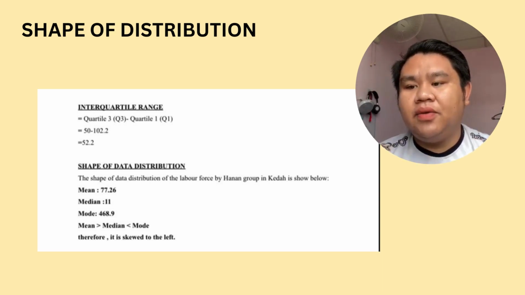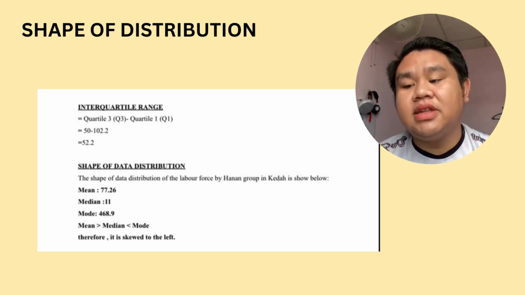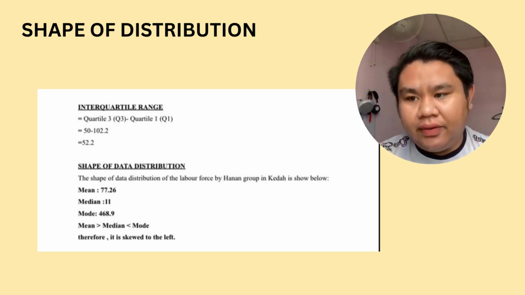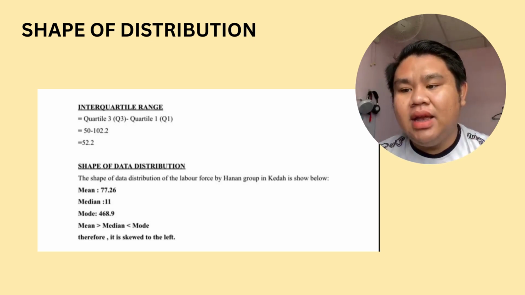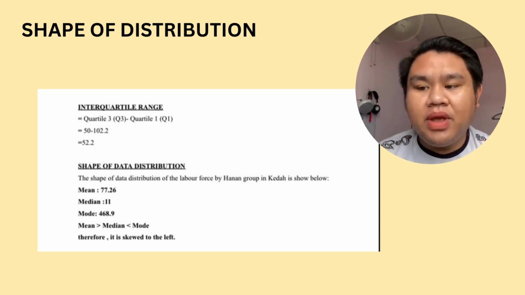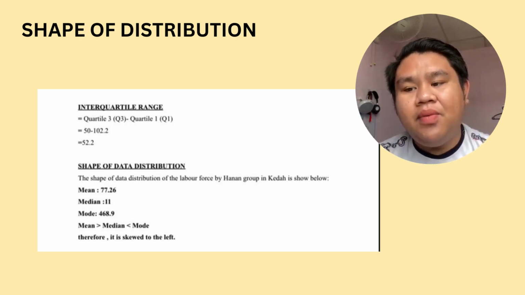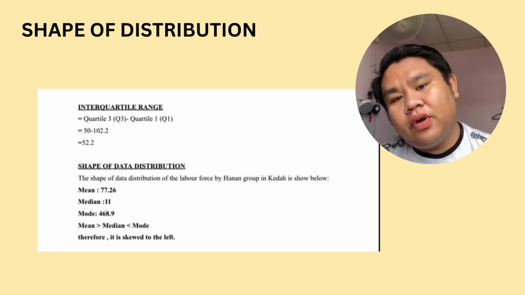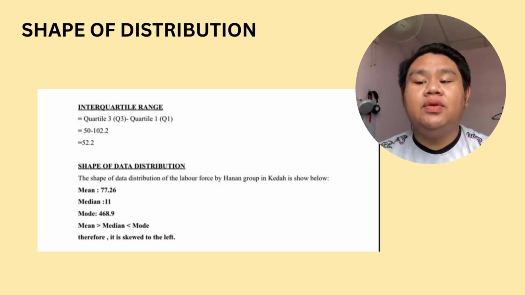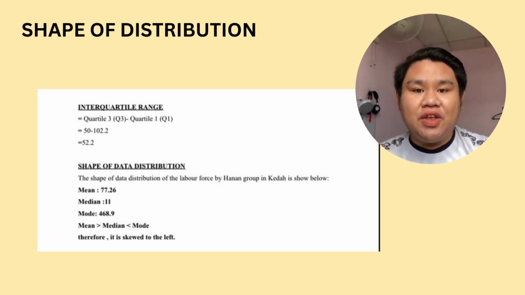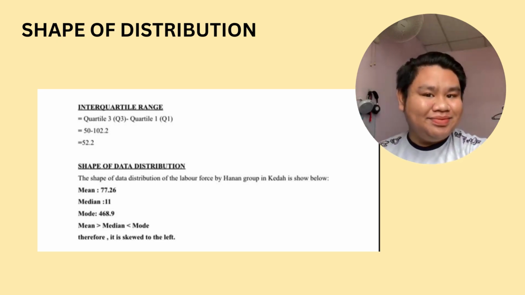For the shape of the data distribution, the mean is 77.6, the median is 77, and the mode is 68.9. We can see the mean is bigger than the median, and the median is smaller than the mode. Therefore, it is skewed to the left. Thank you from me. See you again.